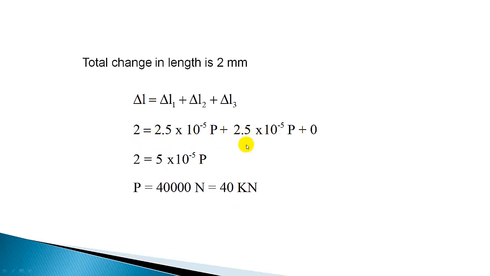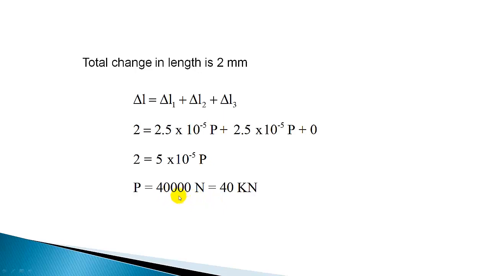So substituted this and we can solve for P. So this 2.5 into 10 raised to minus 5 P plus 2.5 into 10 raised to minus 5 P. Since 10 raised to minus 5 P is common in both, 2.5 plus 2.5 we can add, 5 into 10 raised to minus 5 P. So P is equal to 2 divided by 5 into 10 raised to minus 5, which will work out to 40,000 Newton.